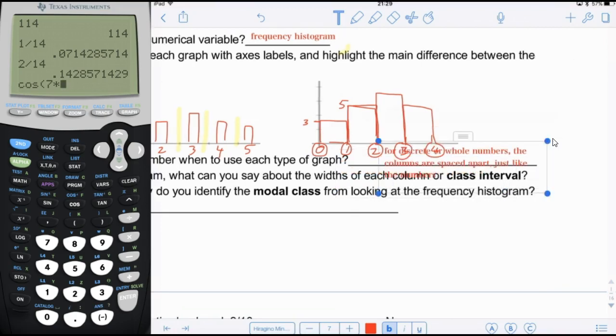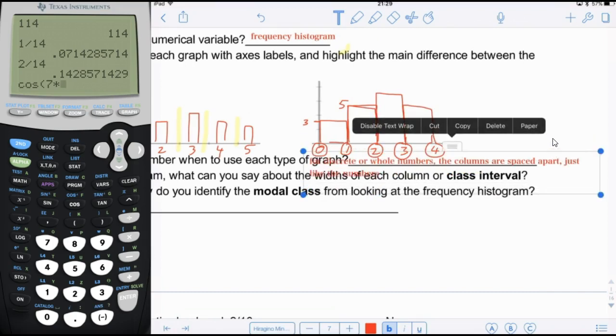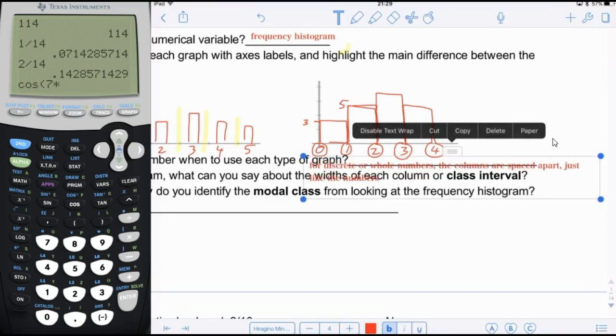So to me, it makes sense that the graphs are spaced apart, just like the numerical values. Okay, it's hard to read that, isn't it? I'm going to put it up here.